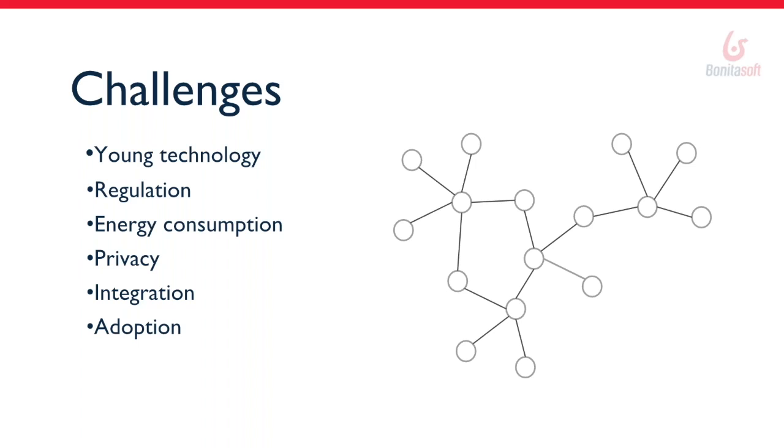We have other challenges, for example, energy consumption. Because of its decentralized nature, every participant has the responsibility to process the transaction and will hold a copy of the entire ledger. The energy consumption of the network is definitely not optimized. Privacy: transparency is a benefit, but the opposite side is privacy, obviously.